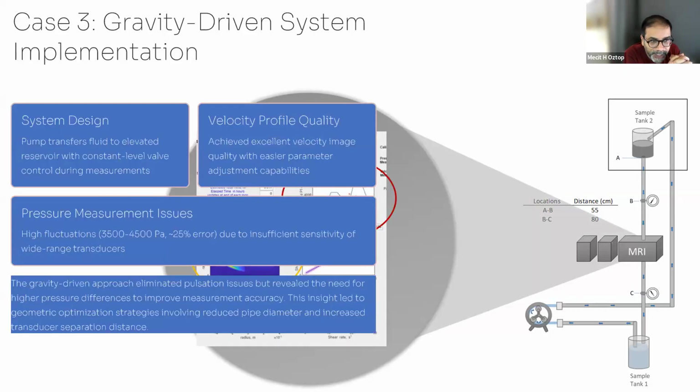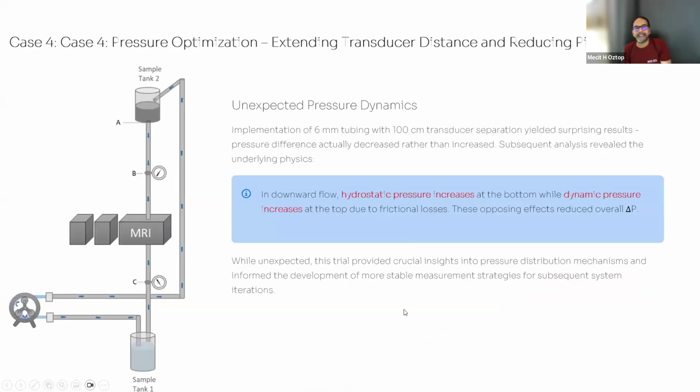However, when you do such a system, what we experienced is some pressure measurement issues. We have high fluctuation. The gravity-driven setup eliminated the pulsation issues, but revealed the need for higher pressure differences to improve measurement accuracy. So later on we also did some piping adjustment.